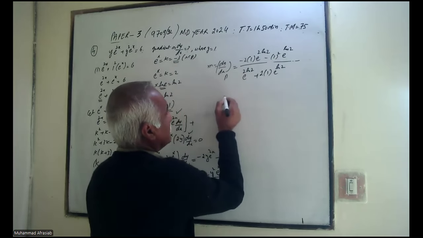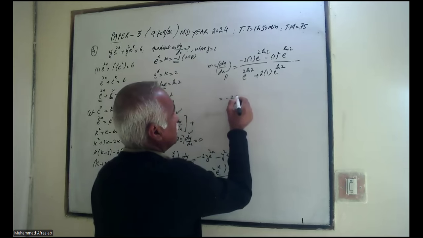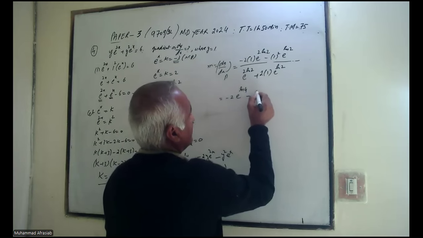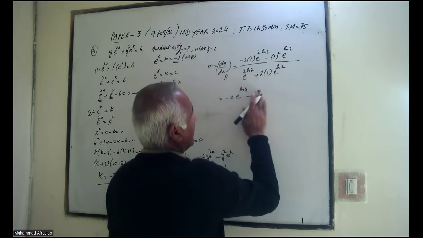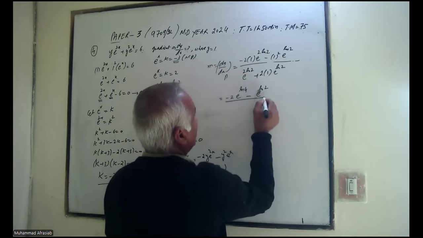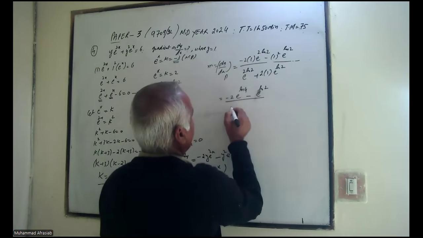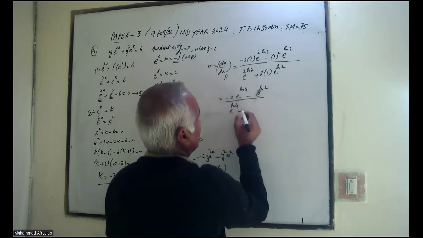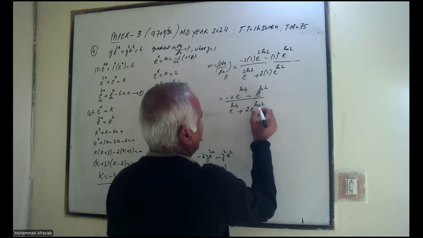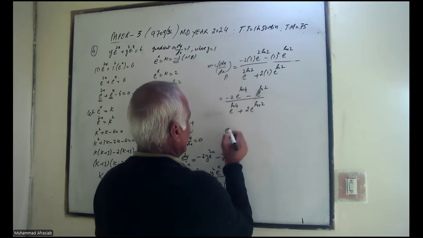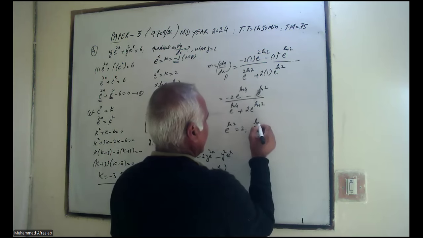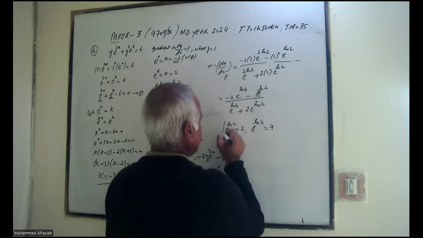But we know that this is minus 2 e^(ln 4) minus e^(ln 2), whole divided by e^(ln 4) plus 2 e^(ln 2). But e^(ln 2) is equal to 2, and e^(ln 4) is equal to 4.